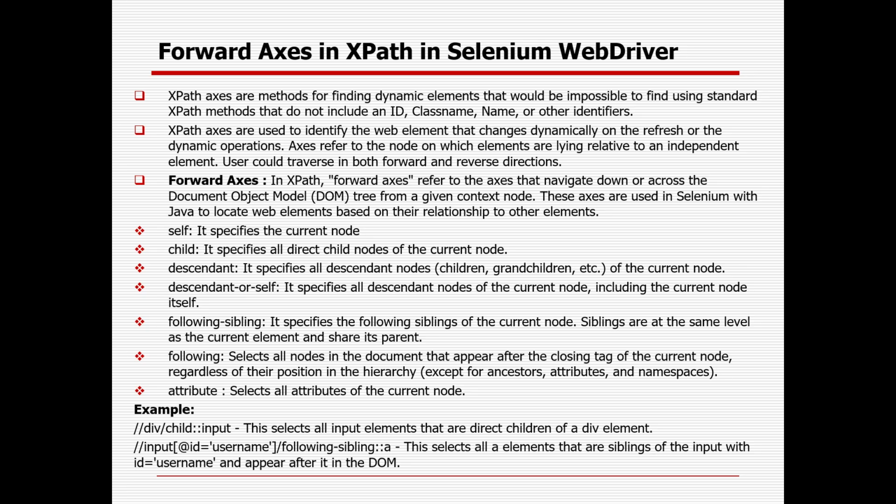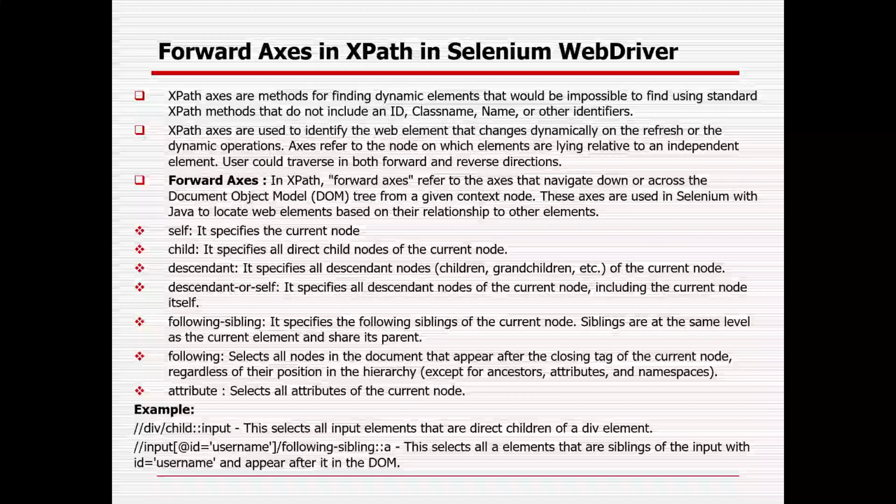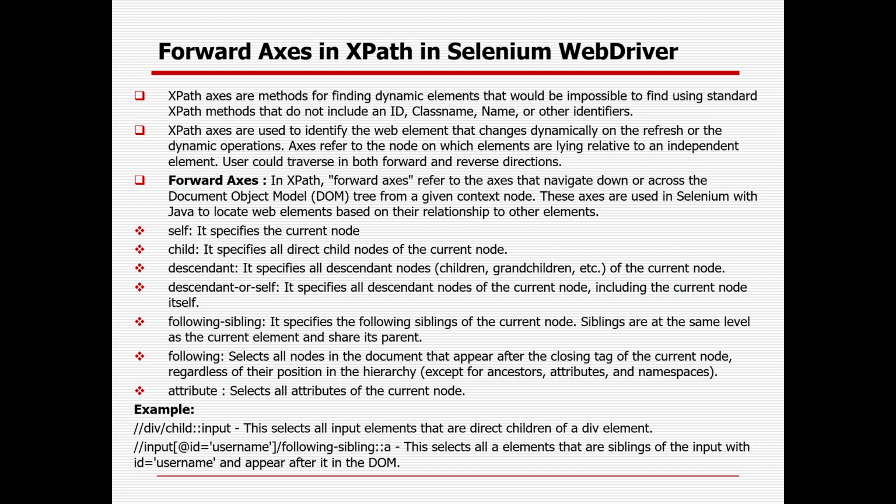There are two ways: one is the forward axis strategy, and one is the reverse axis strategy. The forward axis strategy identifies the element, and after that we can go to the nodes downside, from the parent to the child. We can use axes like self, child, descendant, descendant-or-self, following-sibling, following, and attribute.